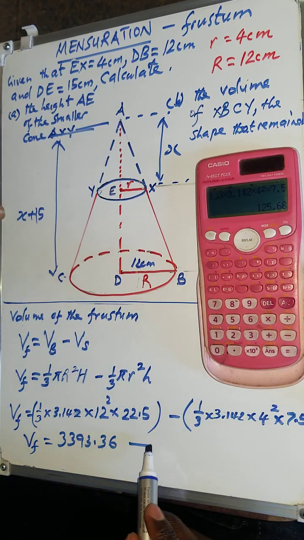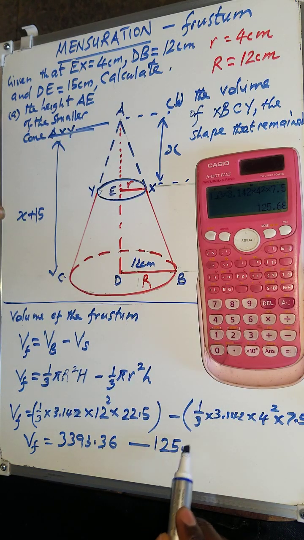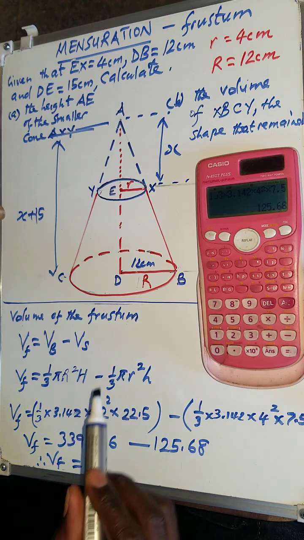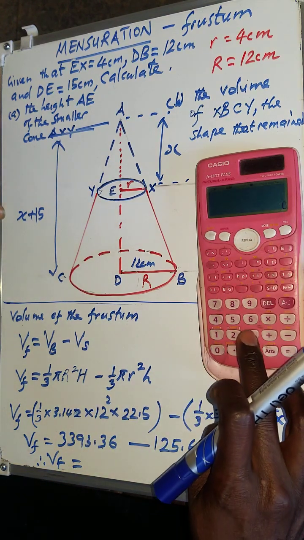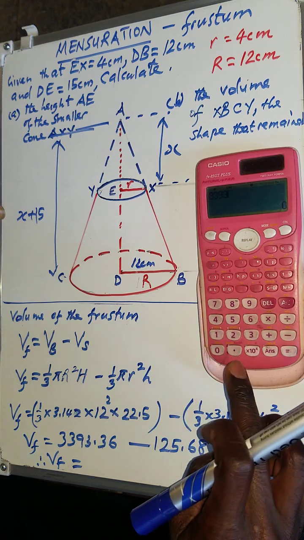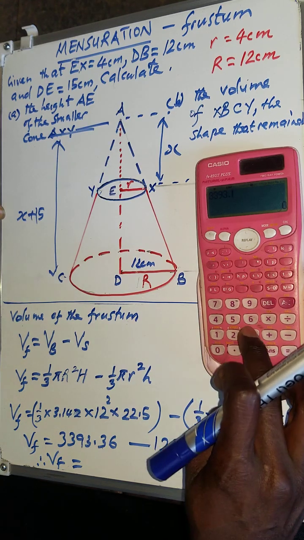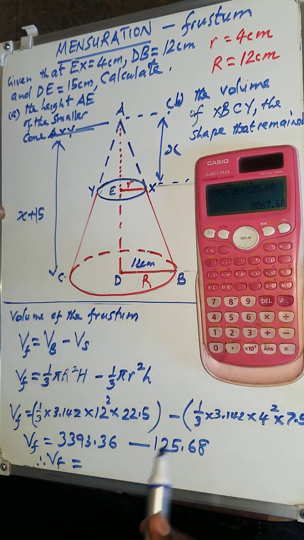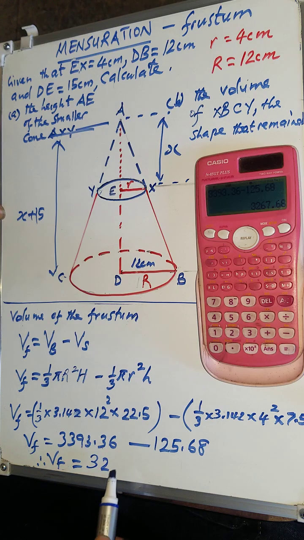So what are we getting there? I'm getting 125.68. Then you can simply subtract that so that you can know the volume of the frustum. So it will be 3,393.36 minus 125.68.